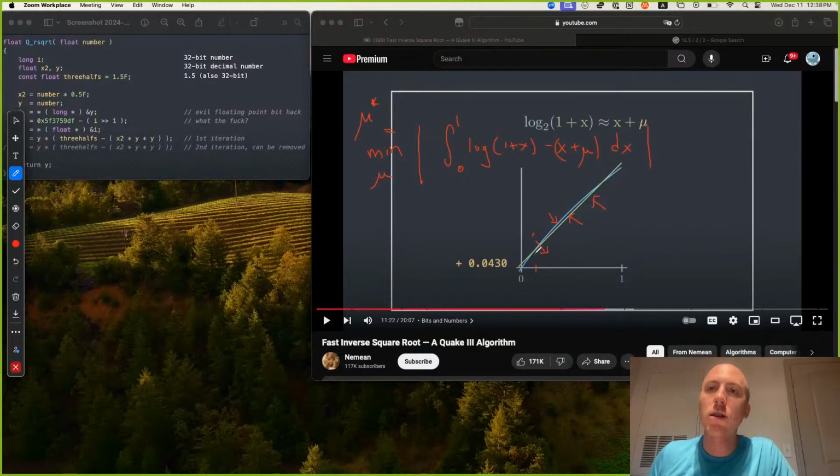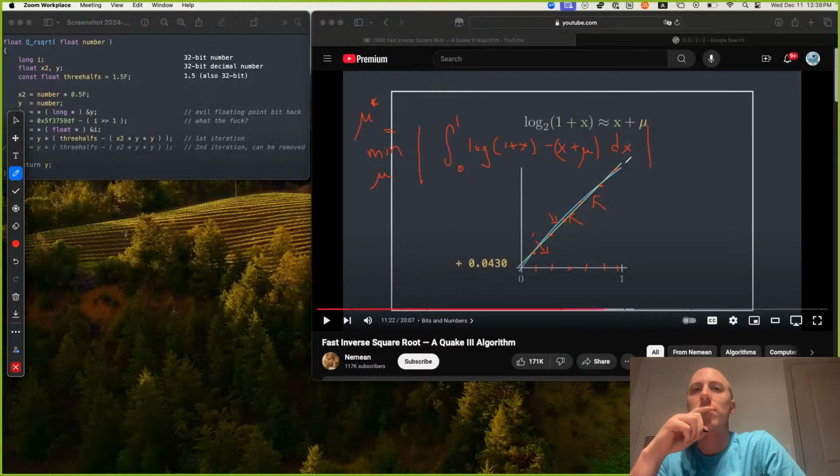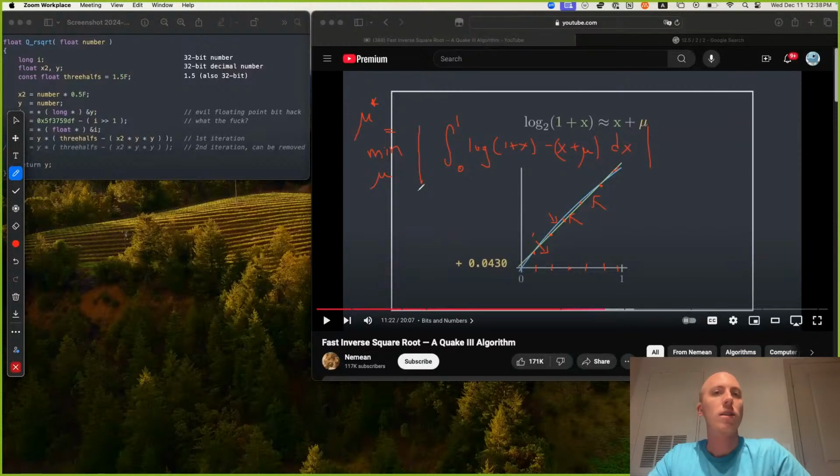At every point, you compute the difference. You just approximate it. Anyway, that's cool.